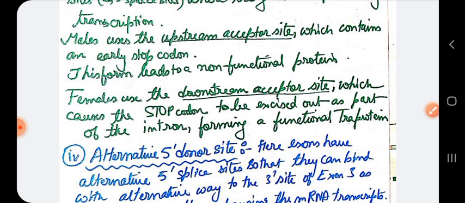If splicing occurs in that portion, then the stop codon will be retained within the mRNA in case of male, and thus as the stop codon is present prematurely, the translation process will stop and functional TRA activating protein will not be formed. But in case of female, they don't use that upstream 3 prime acceptor site. They use a downstream acceptor site which will not involve the stop codon. The stop codon is skipped out as a part of the intron, and thus we make a functional TRA protein after splicing.